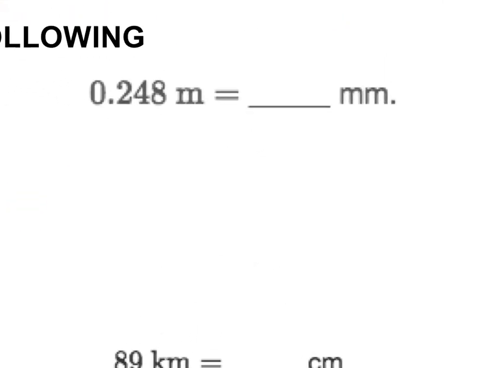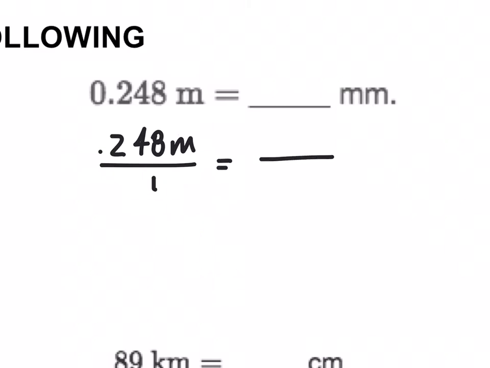All right, so let's go back and do this. I'm going to write down 0.248 meters over 1 is equal to another fraction. Meters is going to go down in my denominator, and millimeters is going to go up top. Now remember, in 1 millimeter, there was 0.001 meters. I'm just getting that from the table.